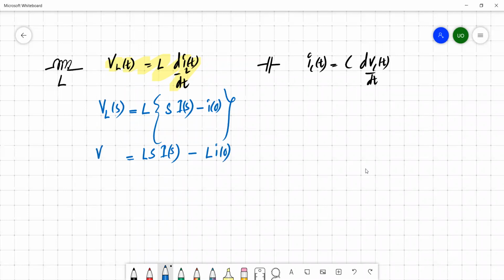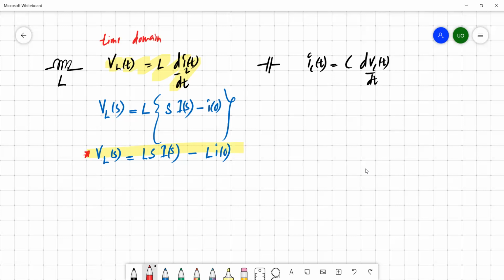So this is VLS. So this is the relationship in S domain, and this is the relationship in T domain or time domain. This is the relationship in time domain for this kind of an inductor. Once you convert it to the Laplace domain, S domain, this would be the relationship.